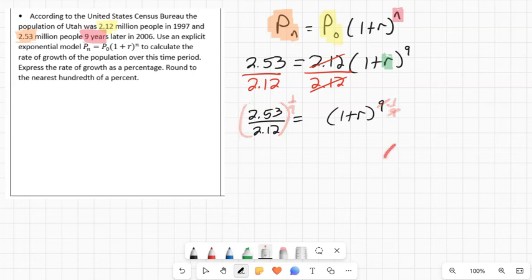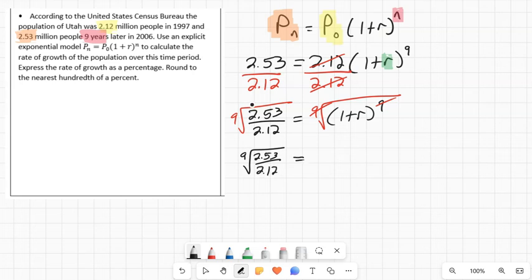And in fact, something to the 1/9 power is the same as that something to the 9th root. Well, that didn't work out very well. So I'm just going to use the root, the 9th root, because it's a little more familiar for students. So we now have the 9th root of the fraction 2.53 divided by 2.12 equals 1 plus r. Very close now to solve for r.